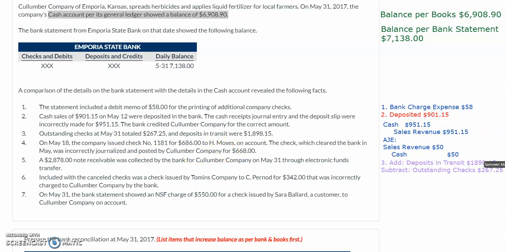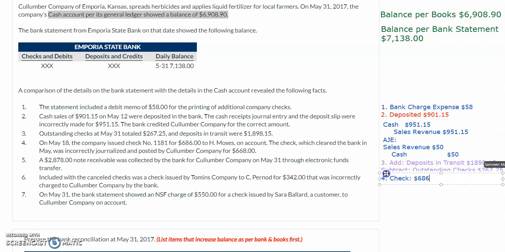So this is also going to be a company error. And what we need to do is we need to correct that error. Okay. So the check was correctly written for $686. So this amount was correctly deducted to arrive at this daily balance.